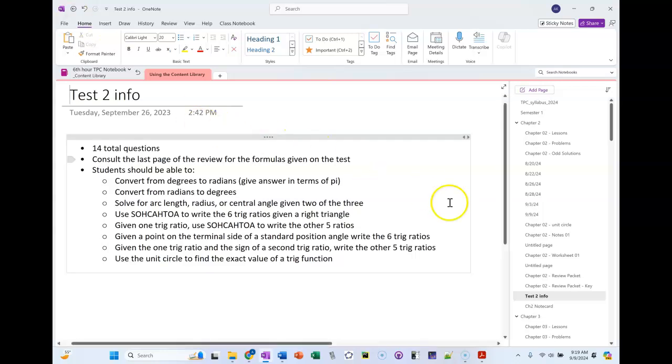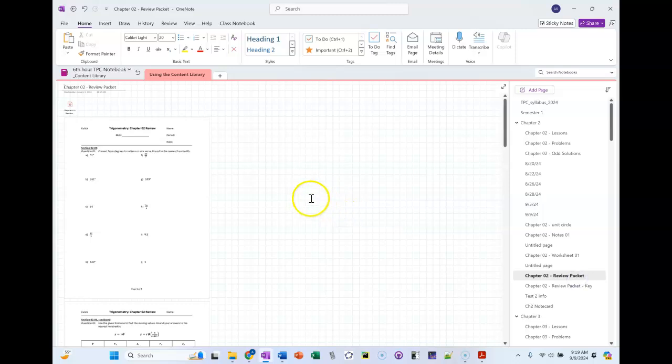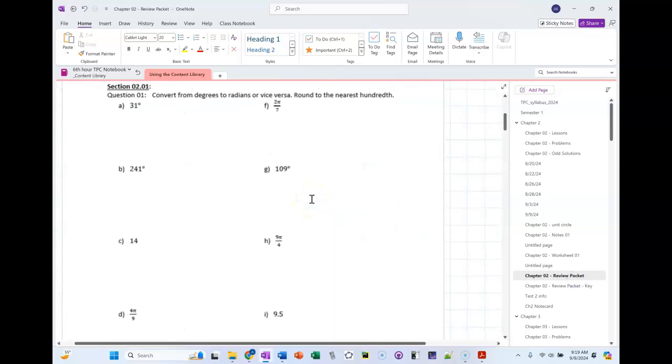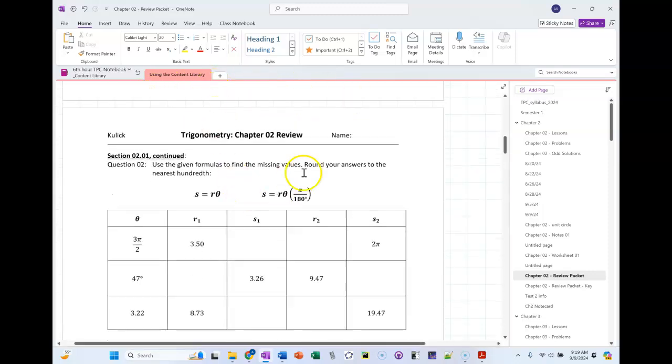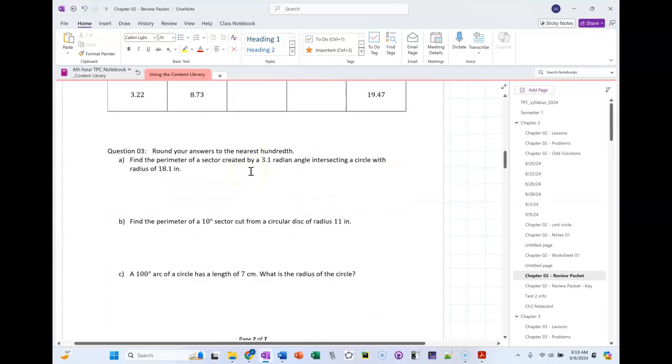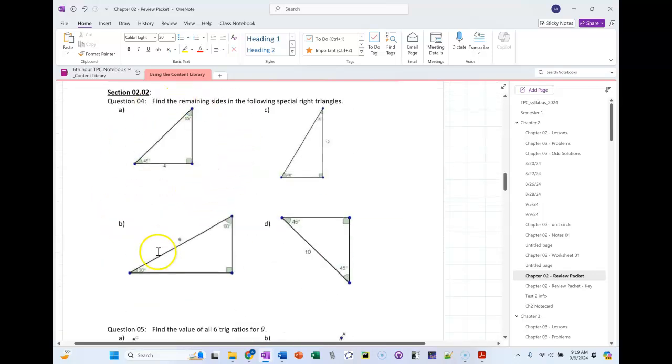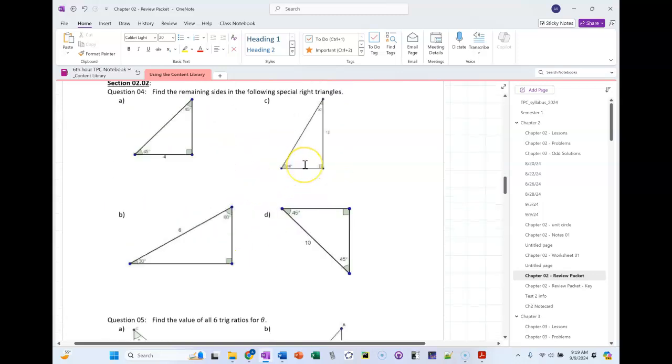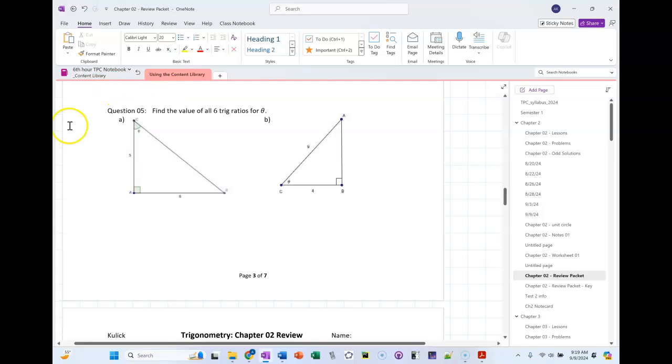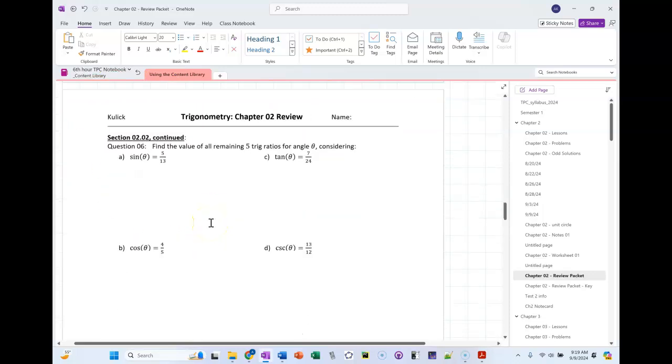If we go and look at the review, the questions on the review are going to be very similar, right? Convert from degrees to radians or vice versa. Find the missing value. Again, find the missing value. Here's some right triangles, use SOHCAHTOA. Here's some right triangles, use SOHCAHTOA.